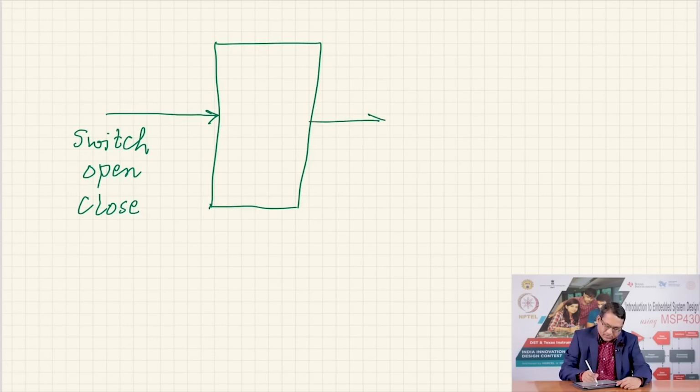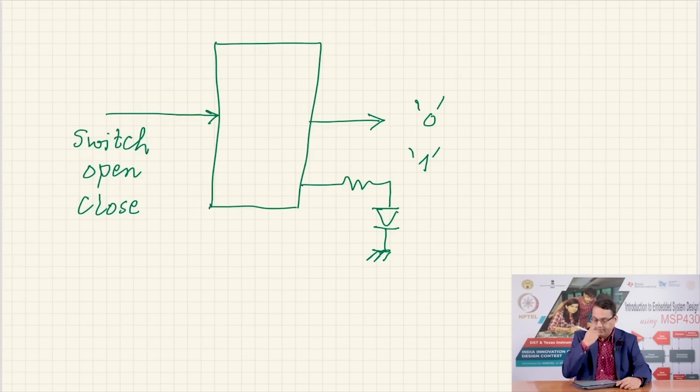Similarly, it must produce digital outputs 0 and 1. And the common methods of using these outputs would be to connect to an LED, say in this fashion, or to control a relay.